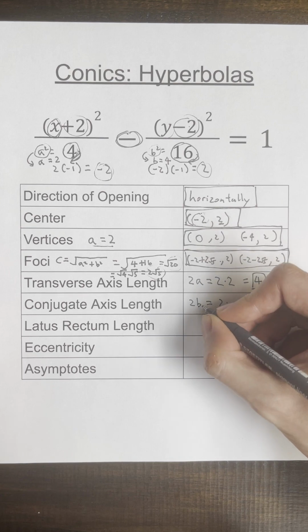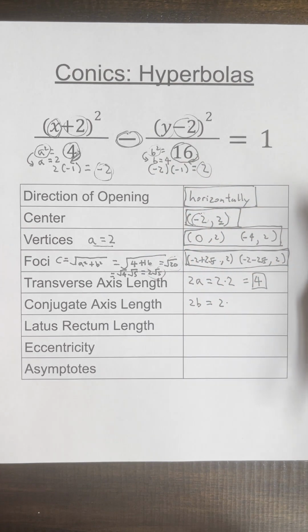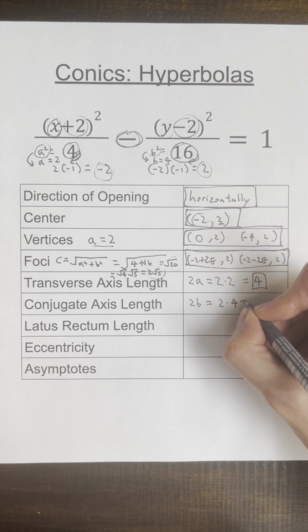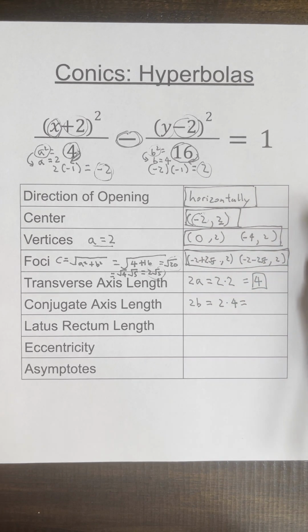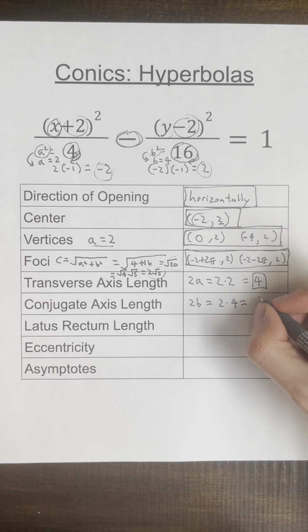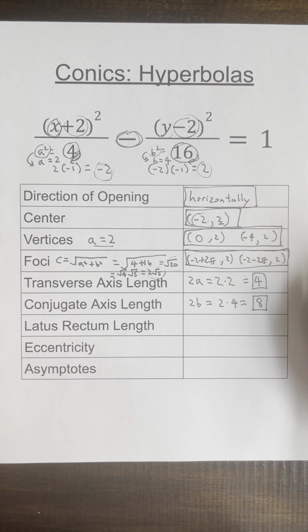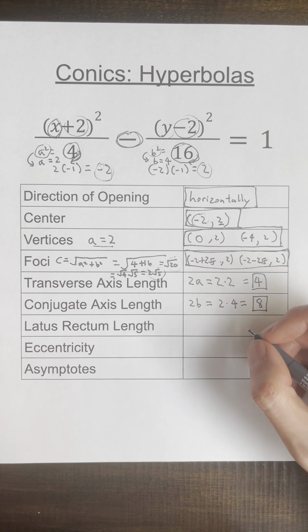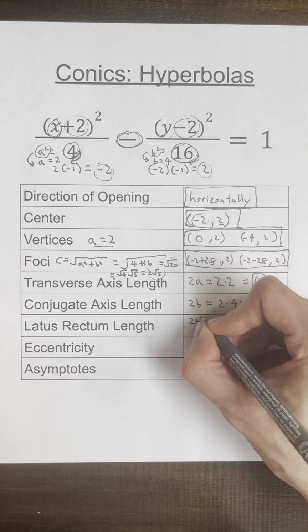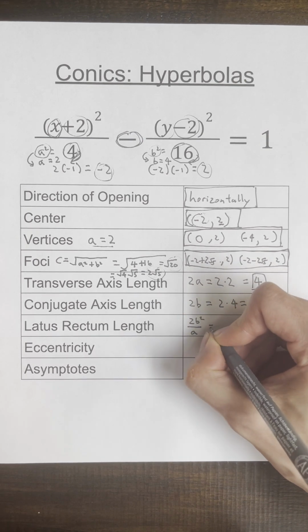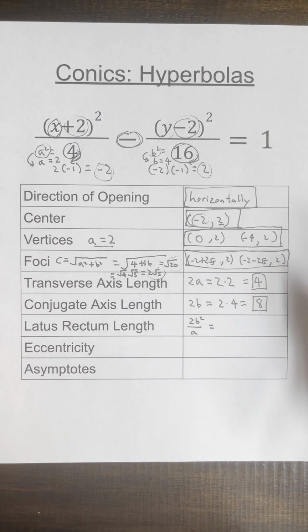So I change b to how much? Change b to 4. What's 2 times 4? 8. This is your answer. To find the latus rectum length, use the formula 2b squared over a. How much was b squared again?